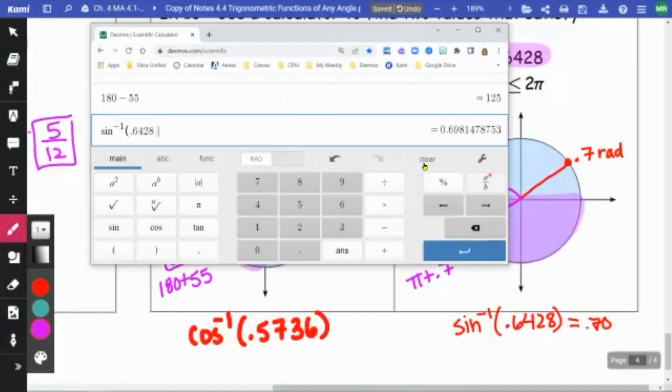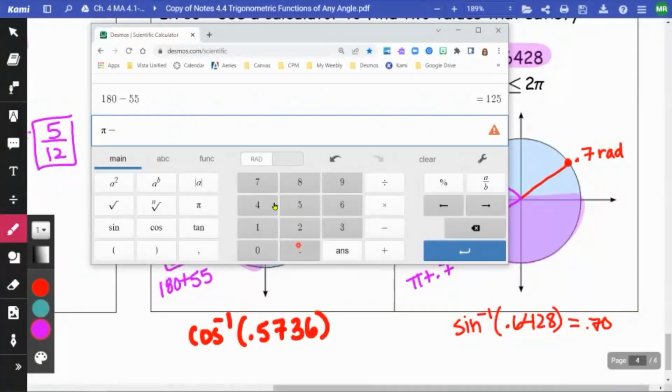If I get my calculator back here, pi minus 0.7, I get 2.44, and when I go pi plus 0.7, I get 3.84. So I'm going to have 2.44 and 3.84.